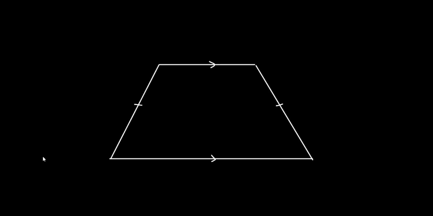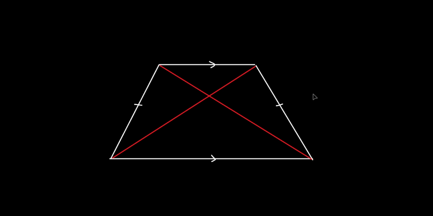Now, check this out. We did this stuff with parallelograms. We did it with a rectangle. We did it with a rhombus. We did it with a square. Look at that. What is that thing I just drew right there in red? It's a diagonal. Good.